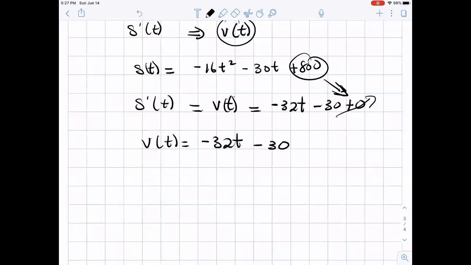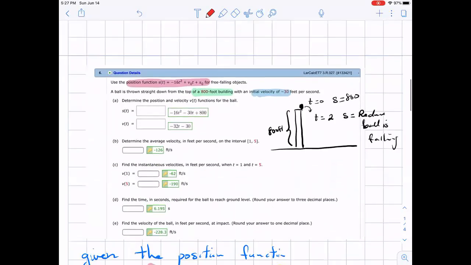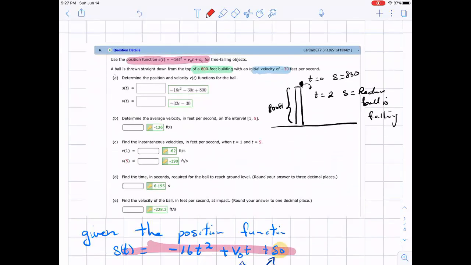So right now, we found two things. We have S of t, which is minus 16t squared minus 30t plus 800. We also have v of t is equal to minus 32t minus 30. So far, if you look at the problem, we have done part A, checked.